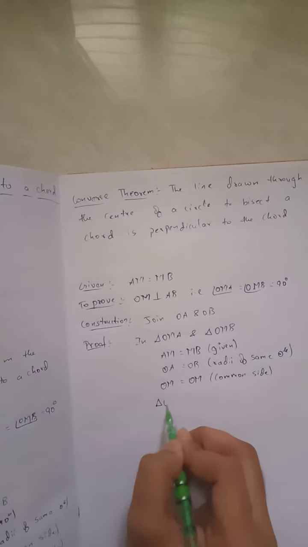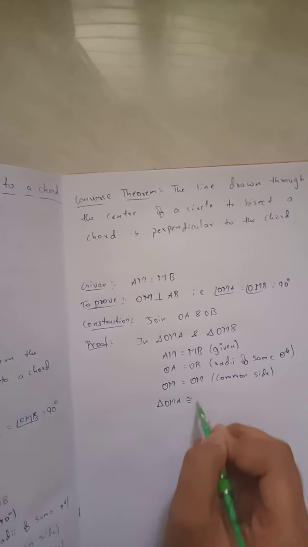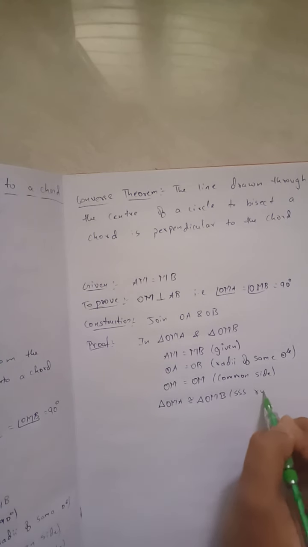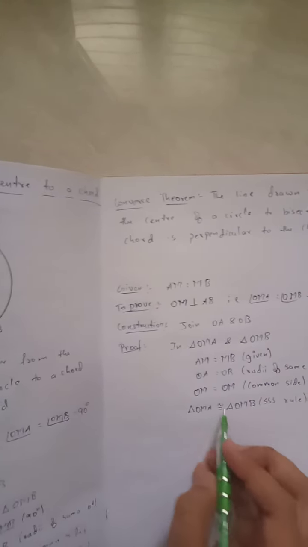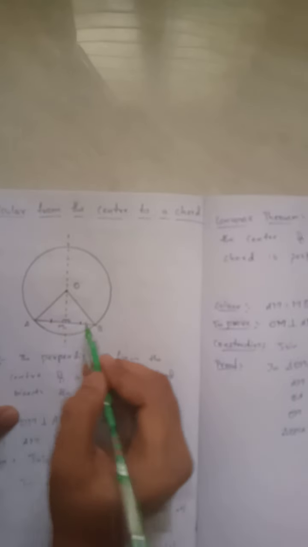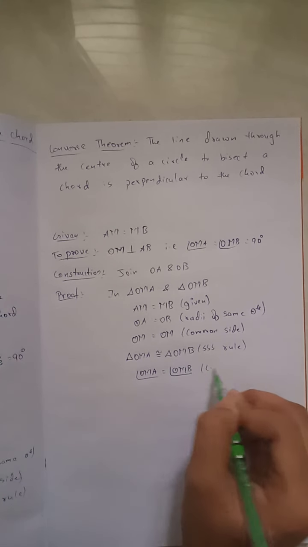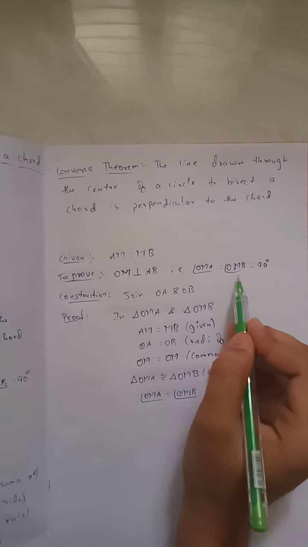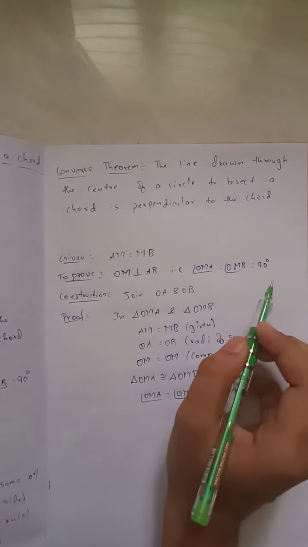So triangle OMA is congruent to triangle OMB by the SSS rule. Now by CPCT, these two angles are equal: angle OMA is equal to angle OMB. We proved that these two angles are equal, but these two angles should be 90 degrees.